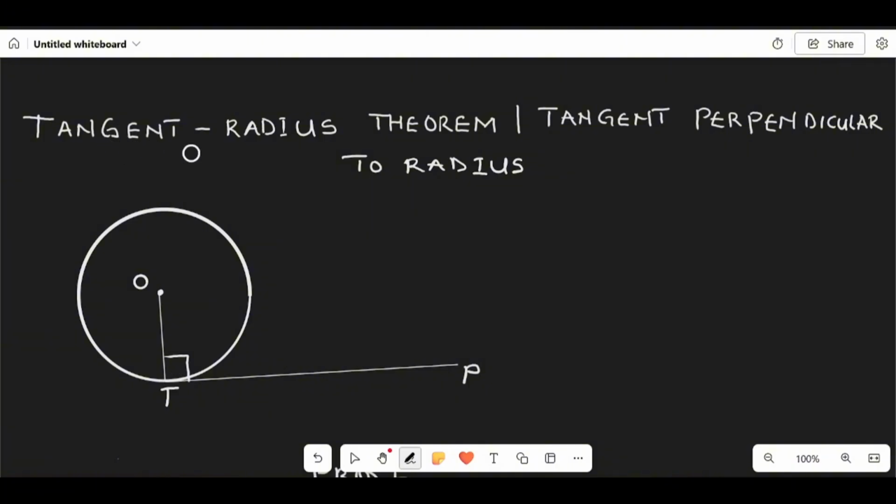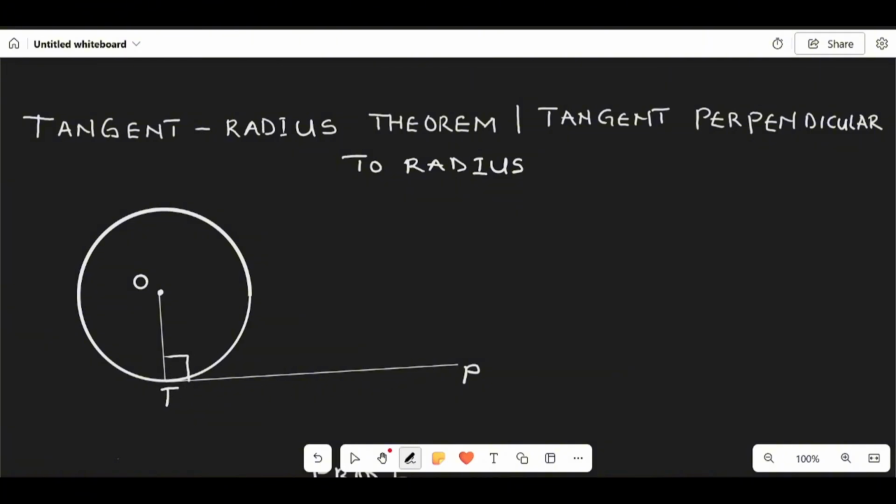Our tangent radius theorem, tangent perpendicular to radius. The theorem says the radius drawn to the point of contact is perpendicular to the tangent. It means that our radius OT and tangent PT are perpendicular to each other.